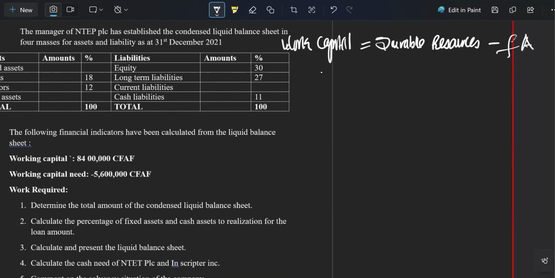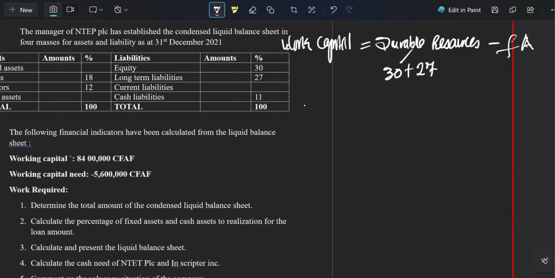Our durable resources, according to our question, are equity, 30%, plus long-term liabilities, 27%, which gives us 57%.